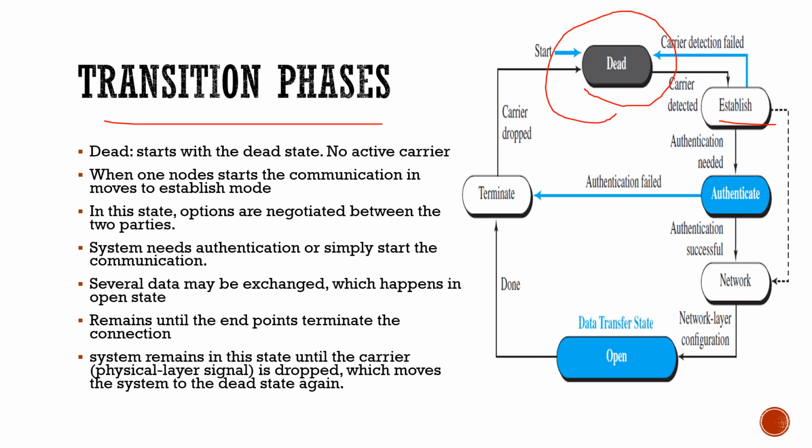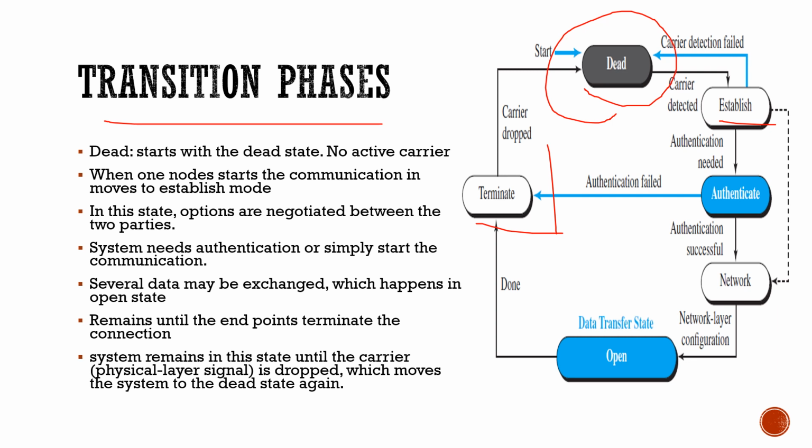If in the authentication state the authentication fails and the user is not trusted, then it will move to the termination state, or it will move to the open state, and then in the open state the data transfer and the communication happens, and after the communication is over it moves to the terminate state.